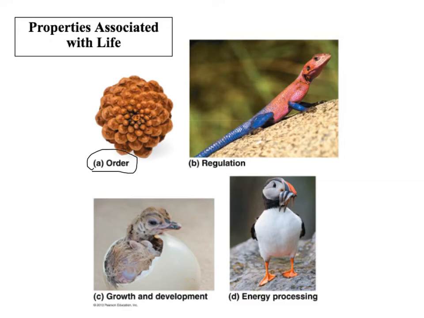The second one is regulation, and you may have heard this one called a different term, homeostasis. It's one word. I just didn't have room to write it all in one line. Homeostasis. So ask yourself, what does that mean?